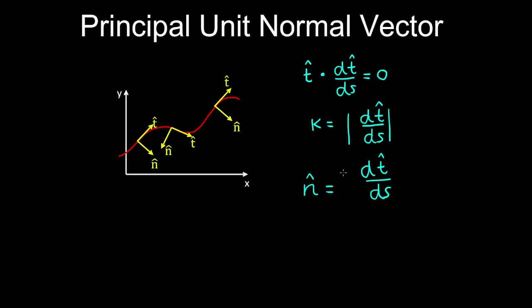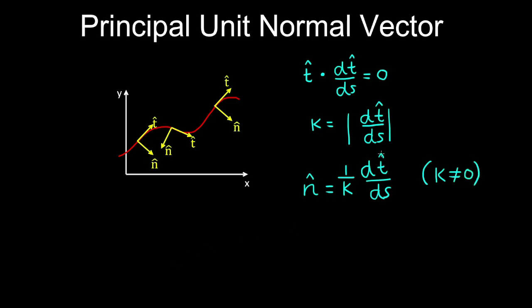So therefore we obtain the reciprocal of the curvature multiplied by the derivative of the tangent vector. And this is the principal normal vector for a smooth curve in the plane, where the curvature is not 0.